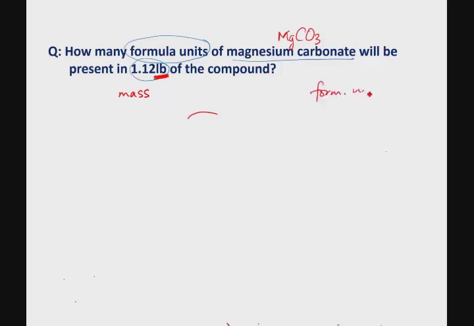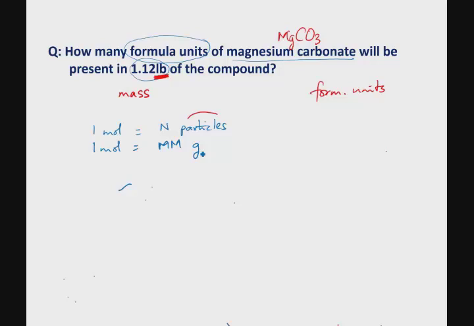So far, we have looked at two equations related to calculations in chemistry, and one of those equations says 1 mole of a compound has Avogadro's number of particles, and the other equation says 1 mole of a compound has a mass equal to the molar mass in grams of that substance.